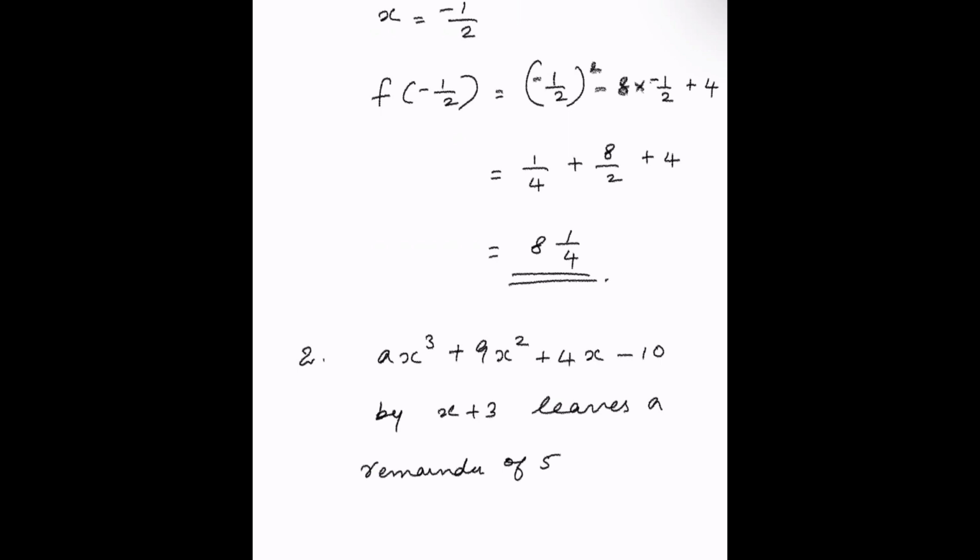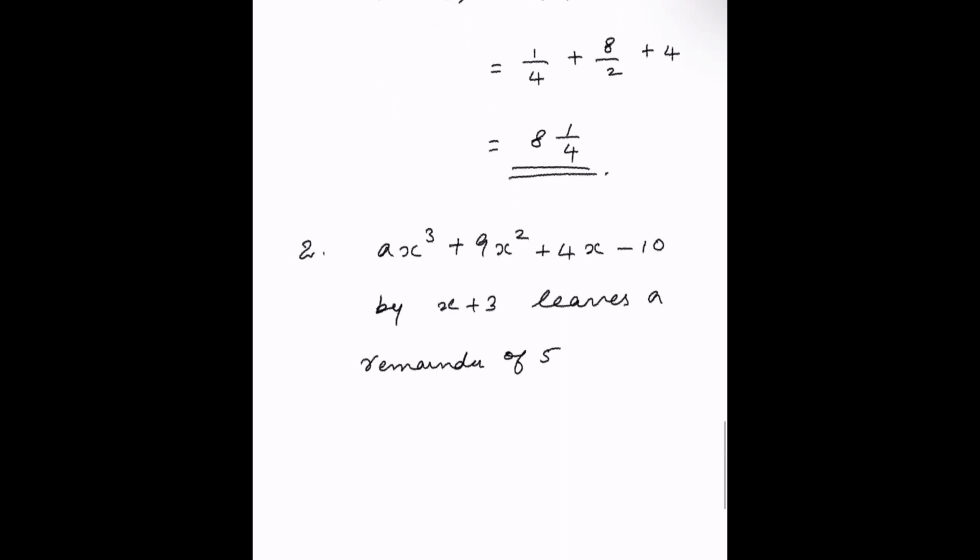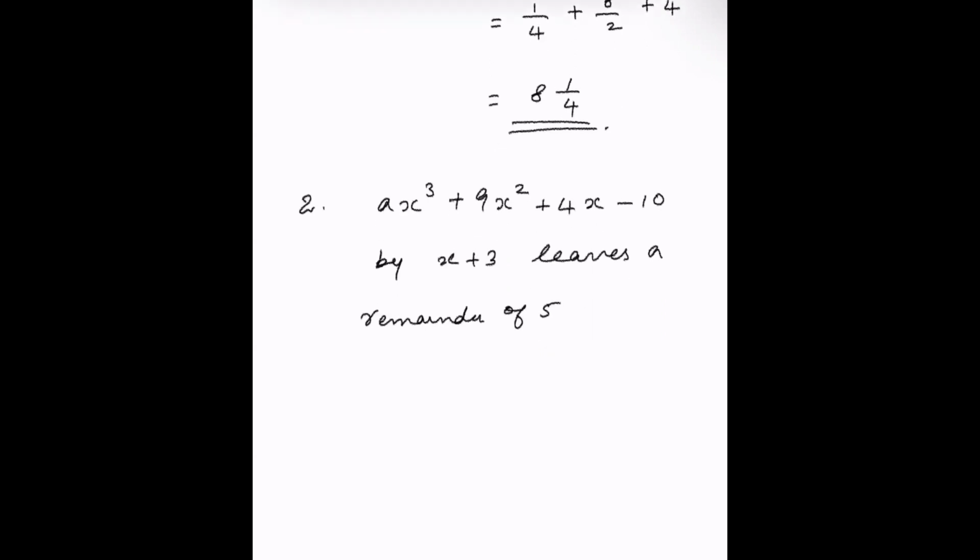So what they are saying is they are giving you f of minus 3's value. See, remainder they are telling you. That is f of minus 3, right? Divisor is x plus 3. You equate x plus 3 to 0, you are getting x is equal to minus 3.